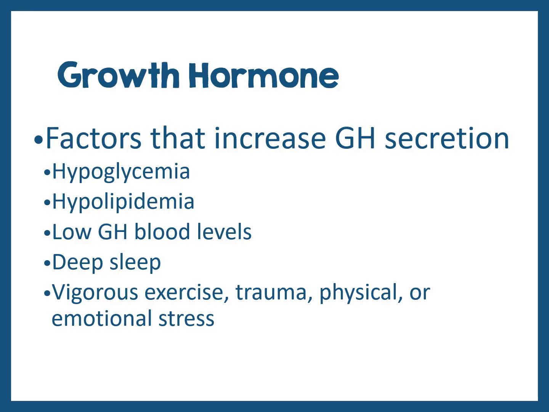So if you go into a deep, long sleep, we're going to increase the amount of growth hormone that is produced. And then also, if there's any kind of vigorous exercise or trauma, some stresses that are impacting the health of our cells or possibly causing them injury, we're going to want to replace them. And so we're going to want to stimulate mitosis, and growth hormone will do so.